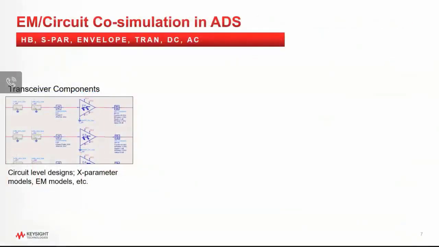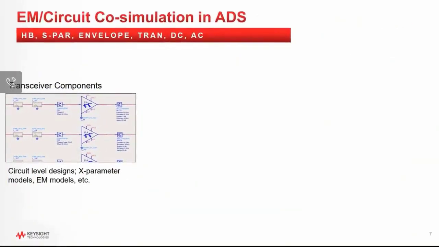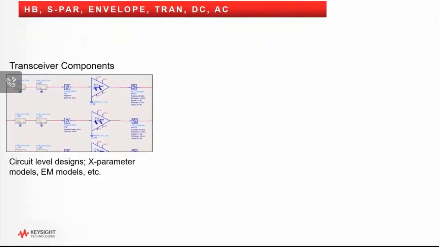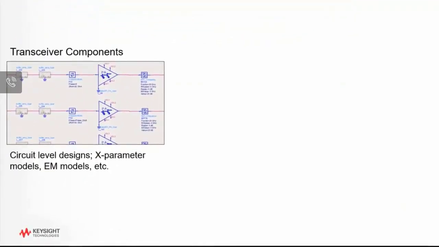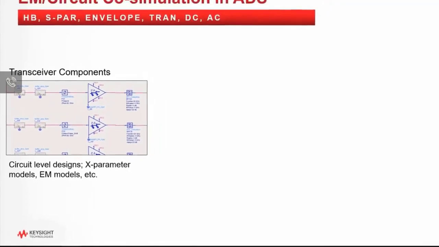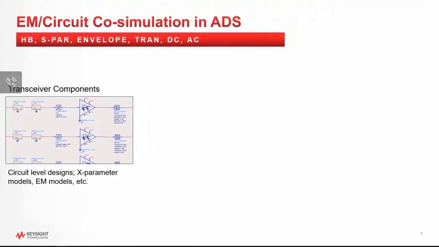So what you see here is the transceiver components, the power amplifiers, the small signal amplifiers, the phase shifter, filters, dividers, and other circuits on the schematic page, and they are all designed at the circuit level using Foundry Design Kit models, or they could be represented by their S-parameter models or nonlinear X-parameter models or EM models.